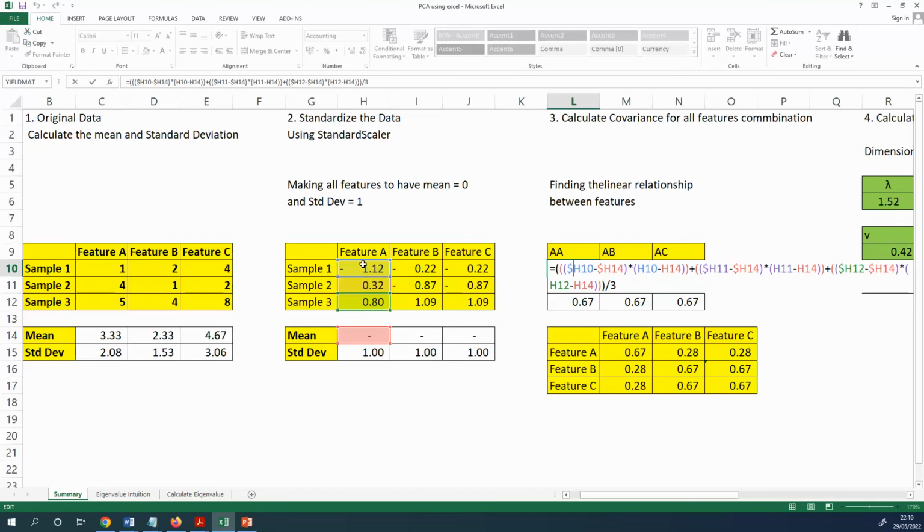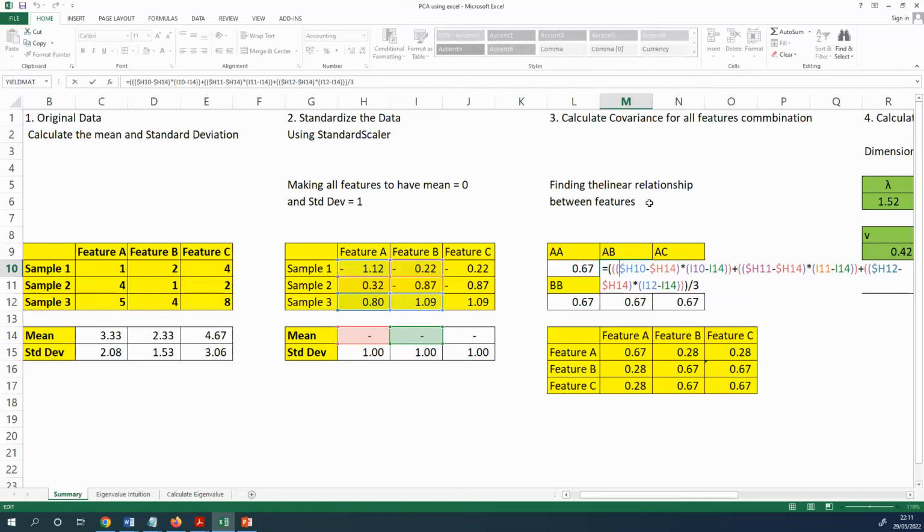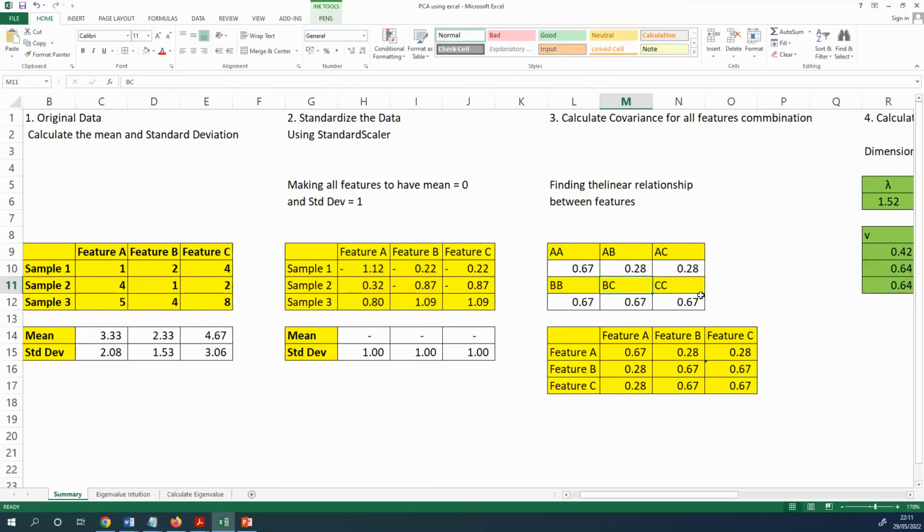For A and B, for the sample, company 1's z-score of financial ratio A minus its mean, times financial ratio B minus its mean, plus financial ratio A of company 2 minus its mean times financial ratio B in sample 2 minus its mean, and so on, and then divided by 3. So we have the A and B covariance.